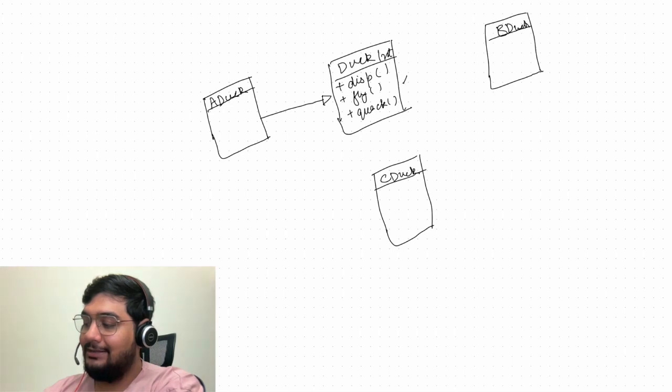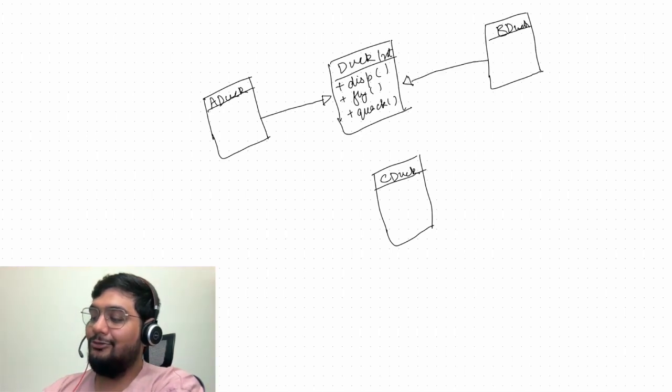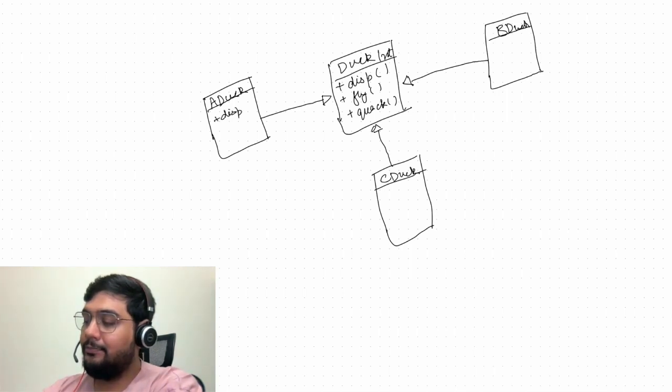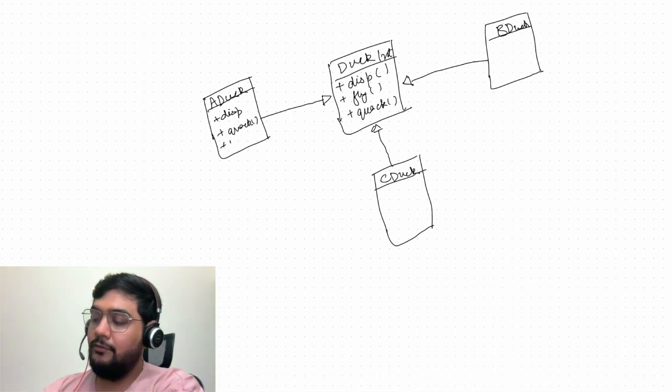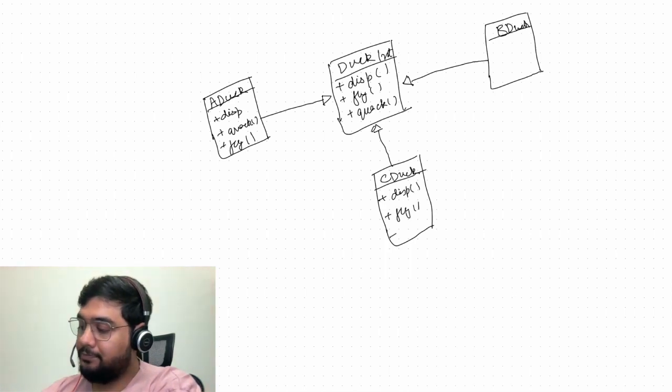Yeah, it's C duck. So let's say all these three inherit the duck interface. So we will write display, quack, and fly for each of the ducks. Cool. And we will implement that.